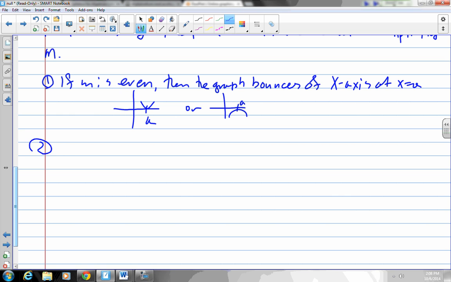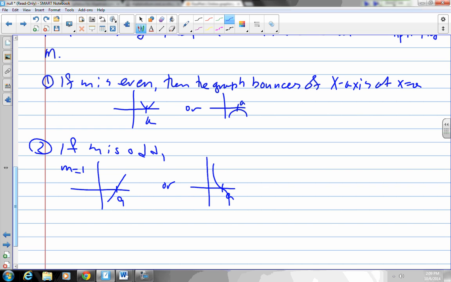And then if m is odd, then this is what can happen. Now here's a, just a straight line. That's if the multiplicity is 1, so it's linear. Or like that, or like that if m is greater than 1.